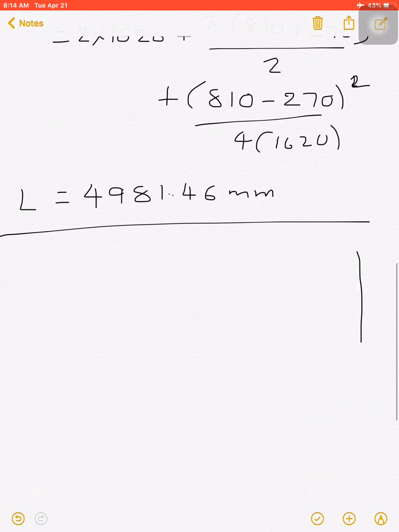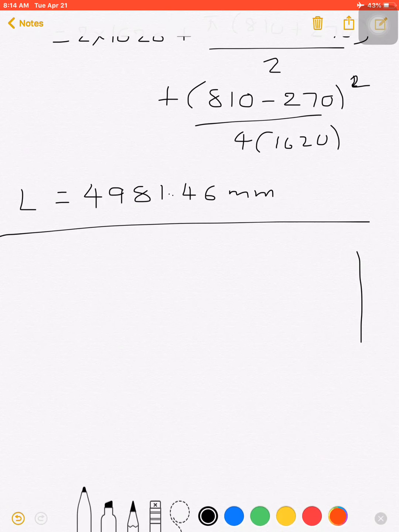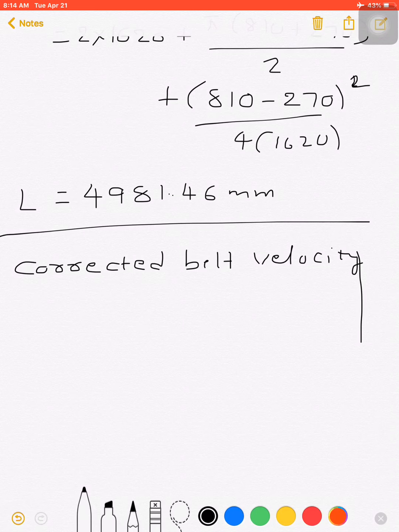Now what is the corrected belt velocity? Corrected belt velocity V is equal to pi d N by 60 into 1000.